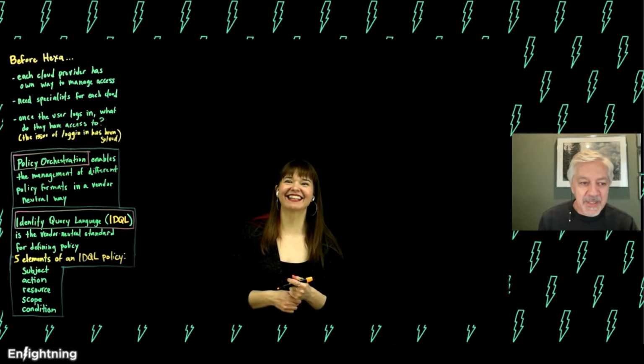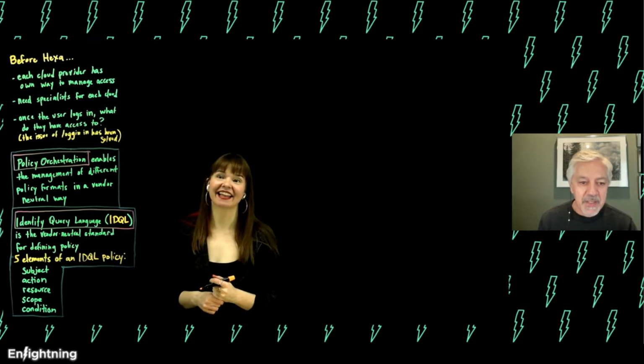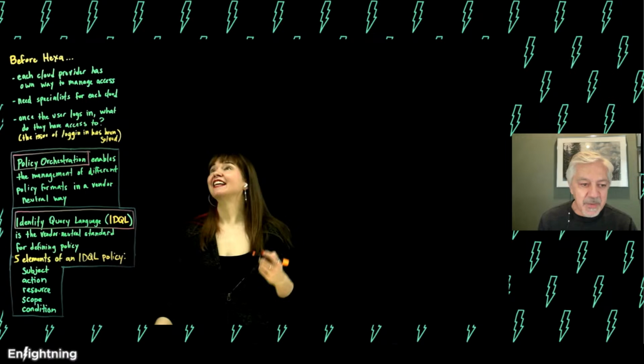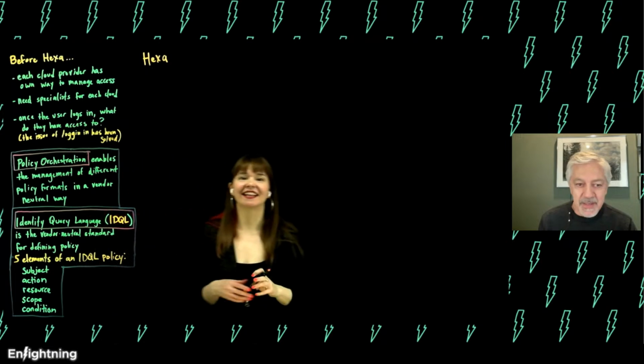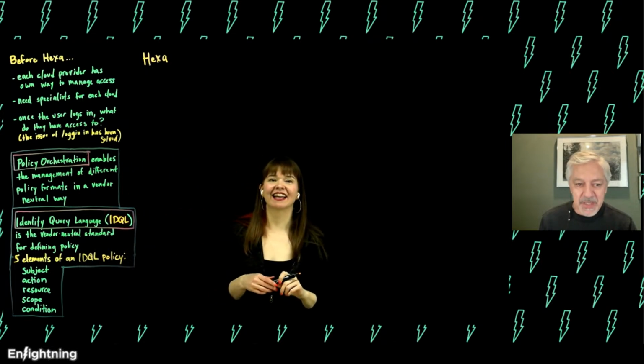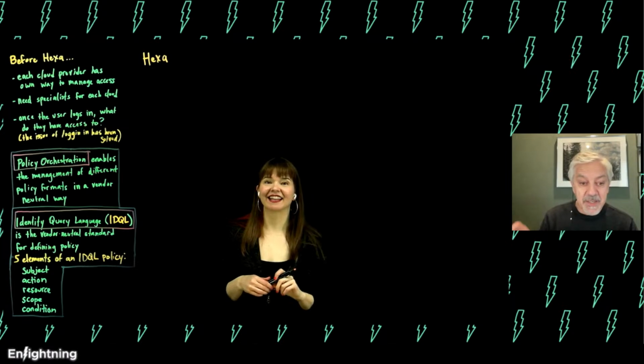Yes. And we started this Hexa open source project to actually show how this can work. Because the idea is that we can take IDQL and translate it into a format that Google and Amazon and Azure, for example, can consume, because we're not replacing the runtime decision and enforcement apparatus. We are just a policy management layer.